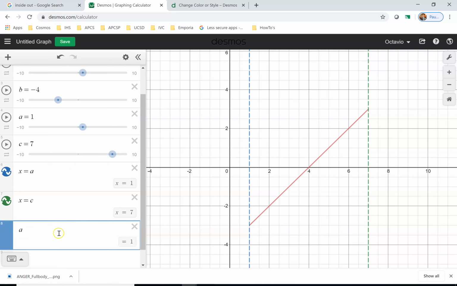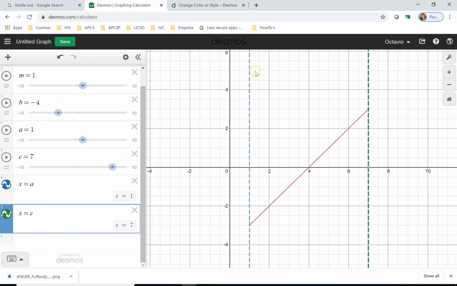And so the purpose here of these lines, the blue line and the green line, is to help us understand domain. The domain basically prevents your line from going too far to the right, so past this green dashed line, or too far to the left, which would be past the blue line.